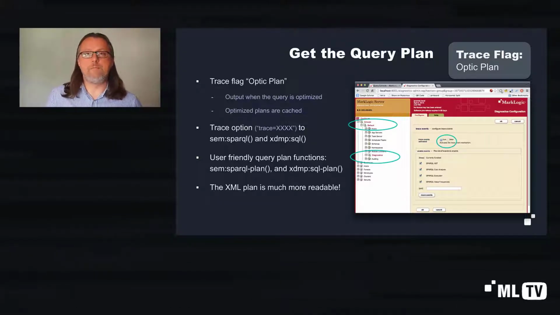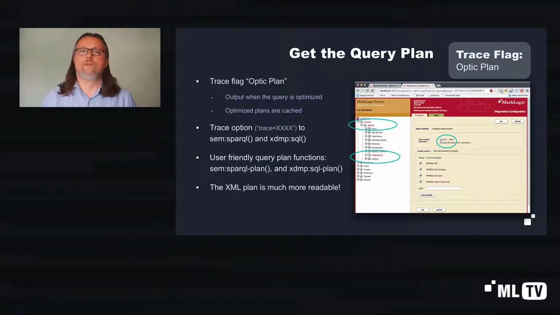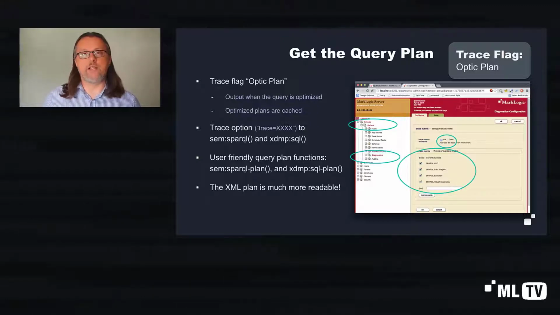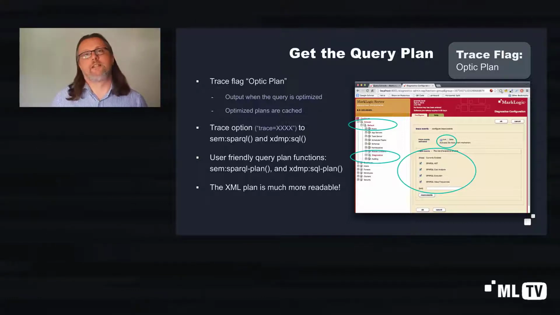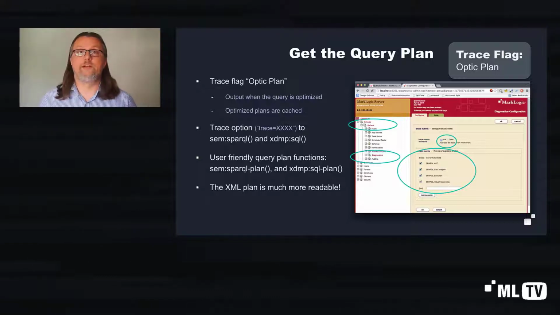You need to remember to turn the Boolean trace events on to on rather than off. That's a step that I always forget, and then I wonder why my trace flags aren't having any effect. And then there's a text box where you can actually type the text of the trace flag in. And once that's submitted, that will be included in a list that will let you later disable that trace flag.